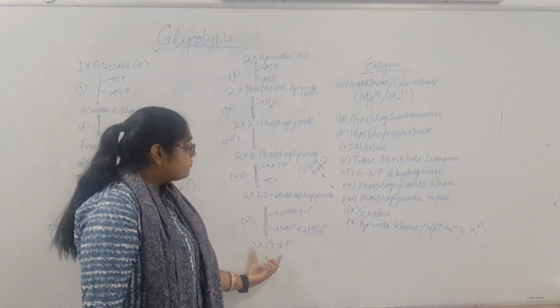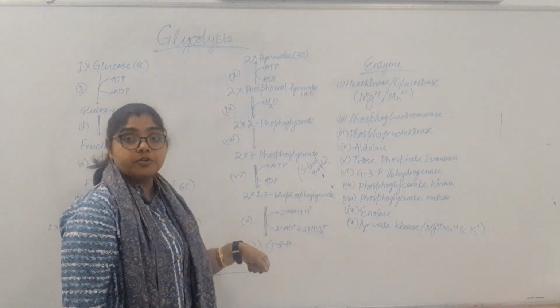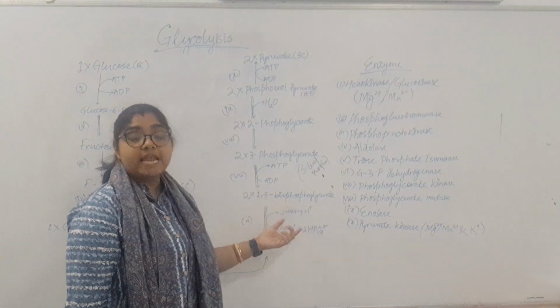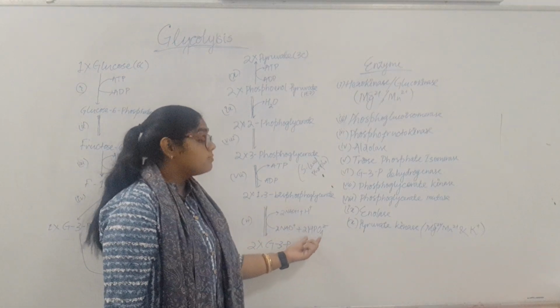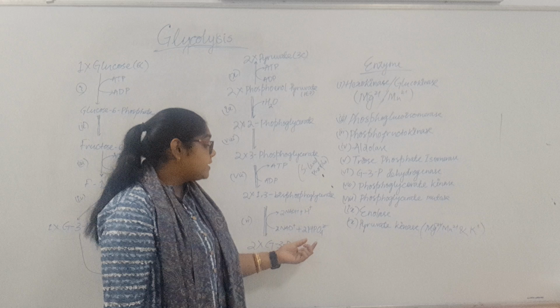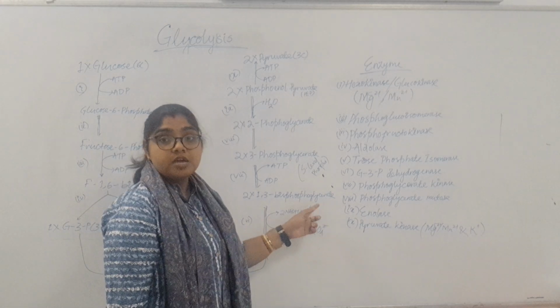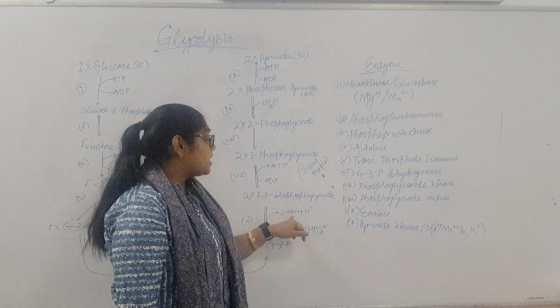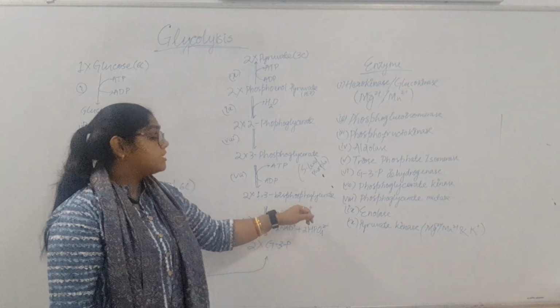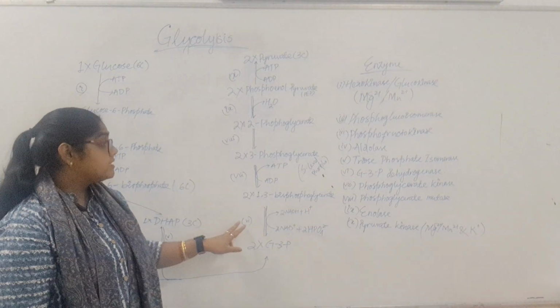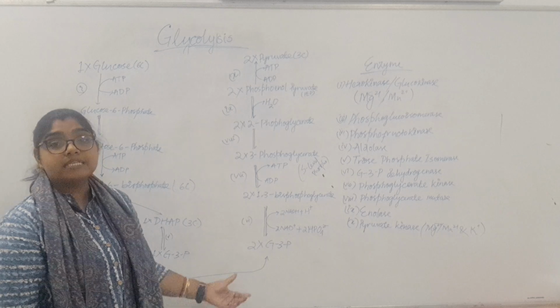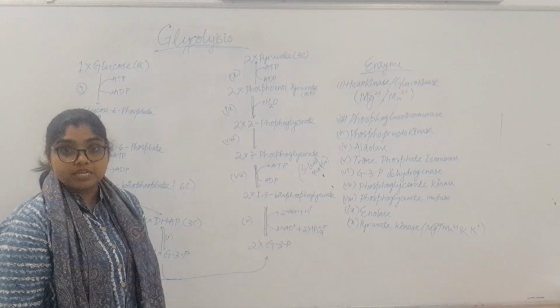At this point it will accept one phosphate group, but not from ATP. It will accept that phosphate group from monohydrogen phosphate, and here it converts to 1,3-bisphosphoglycerate. The NAD converts to NADH and releases one hydrogen ion. The enzyme responsible here is glyceraldehyde 3-phosphate dehydrogenase.